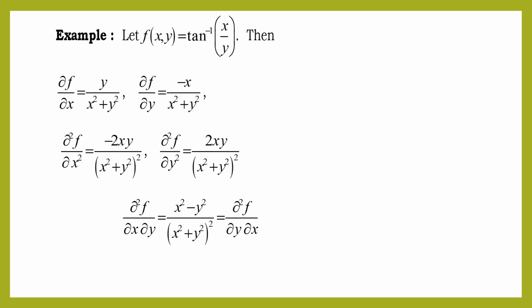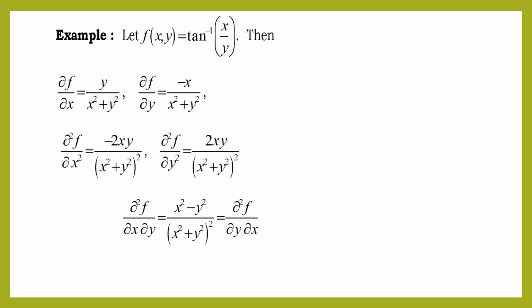Lastly, if I find ∂²f/∂x∂y, or if I find ∂²f/∂y∂x, we get the same answer, (x²−y²)/(x²+y²)². For this function, these two partial derivatives are equal.